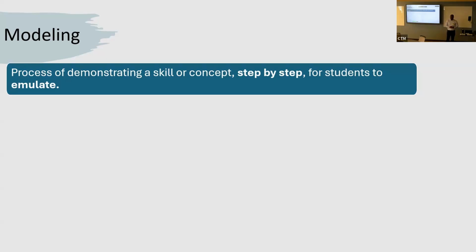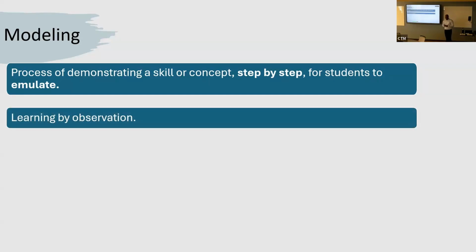But that can be quite daunting to a new student, somebody who is now starting to get familiar with some of the things you are already very knowledgeable in, right? So we need to step by step model these concepts, these skills, so that students can follow us.